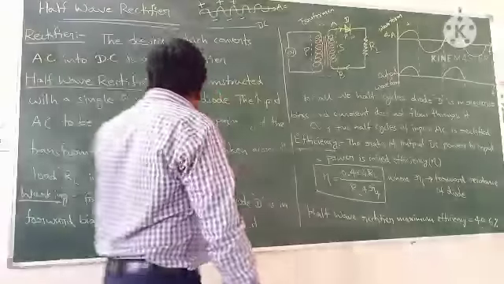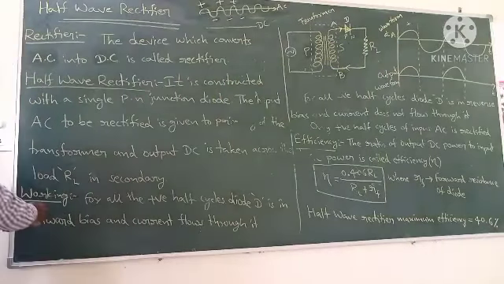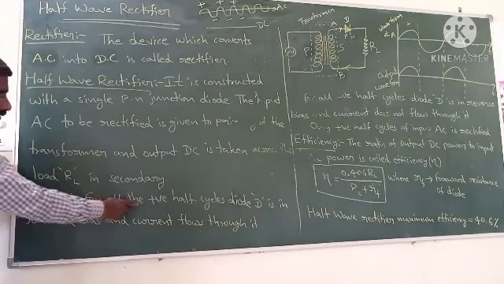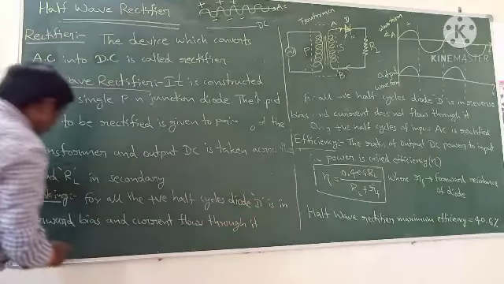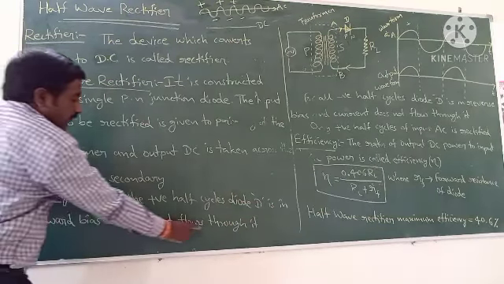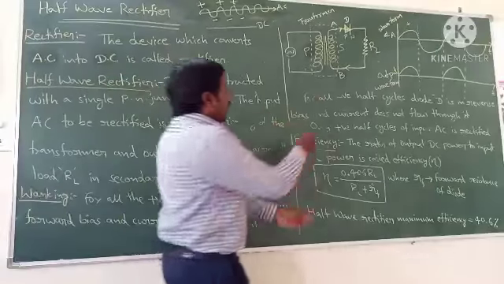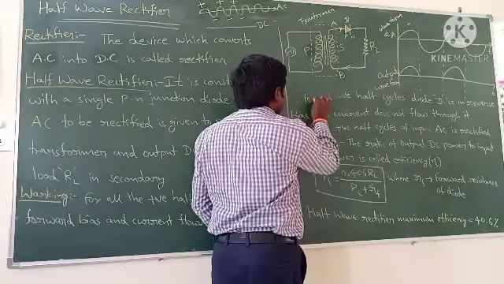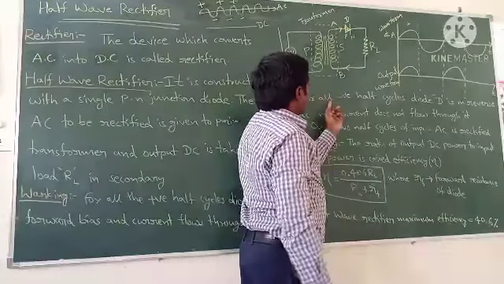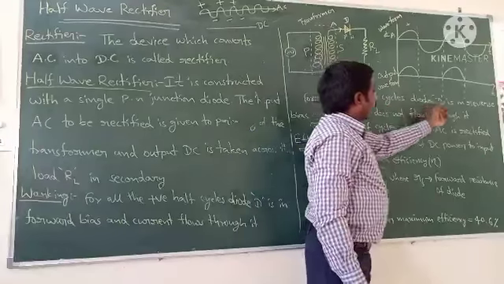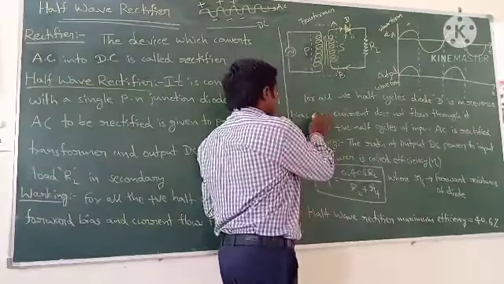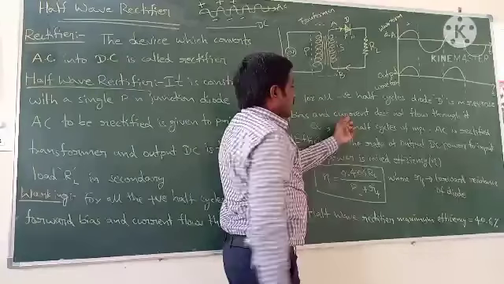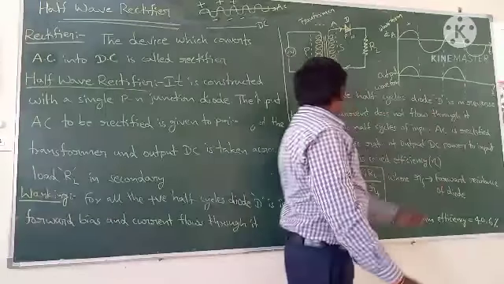So you can observe the working here. For all the positive half cycles, diode D is in forward bias and current flows through it. And for all negative cycles, the diode D is in reverse bias and current does not flow through it.